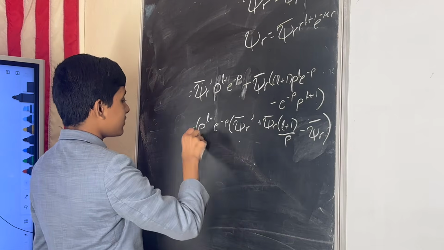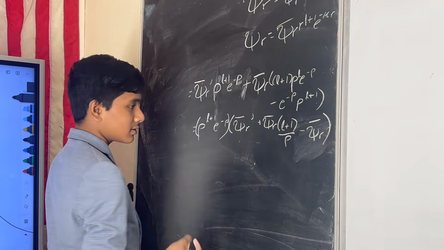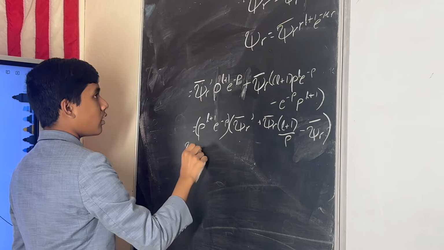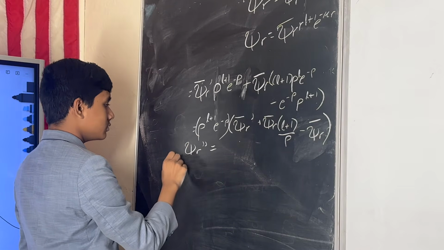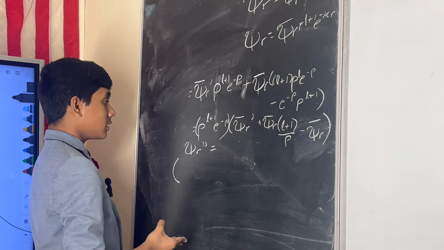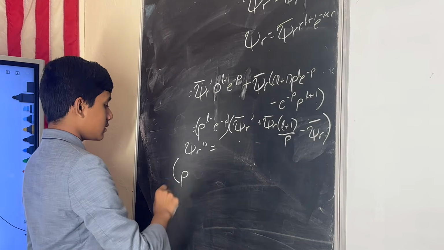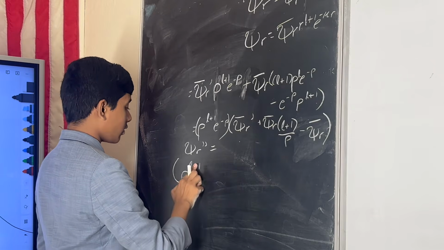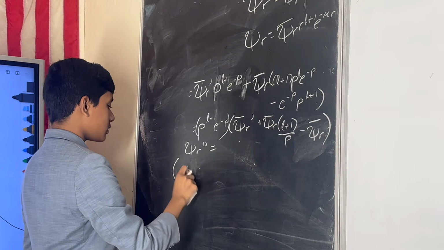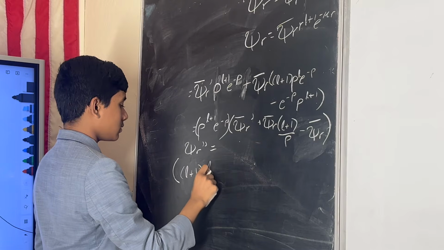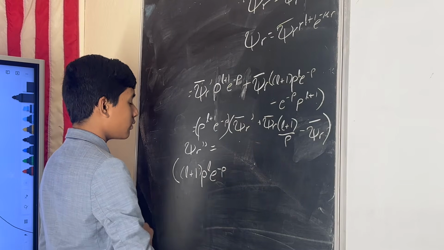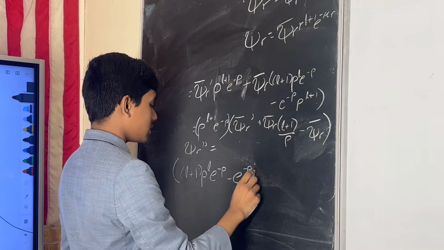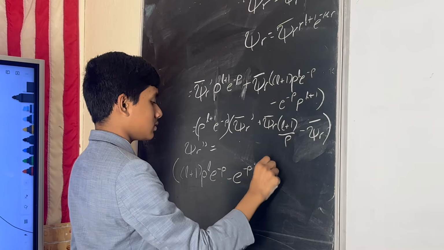And the second derivative is going to have to use the product rule again, to where we get psi r double prime is equal to what? Well, you get rho^(L+1), (L plus 1) rho^L, e to the minus rho minus e to the minus rho rho^(L+1).